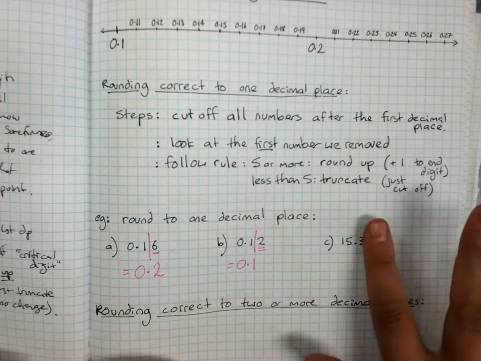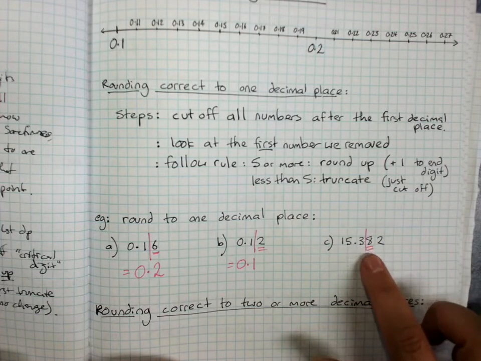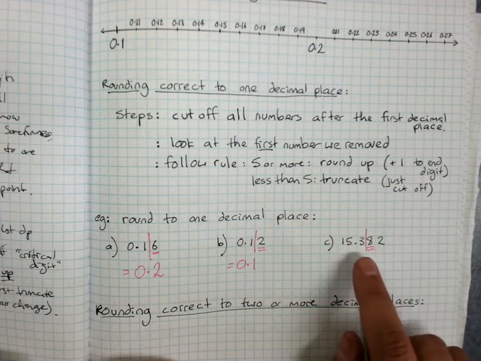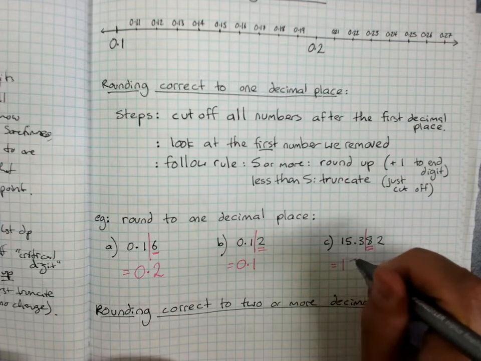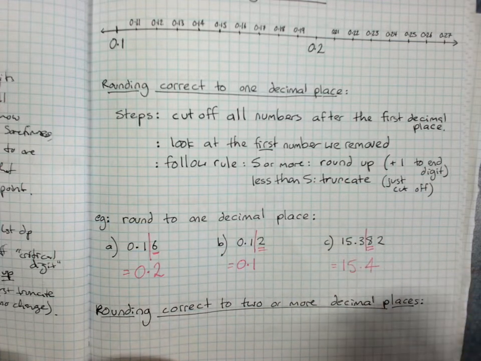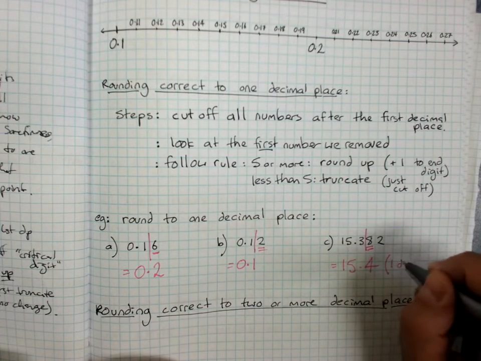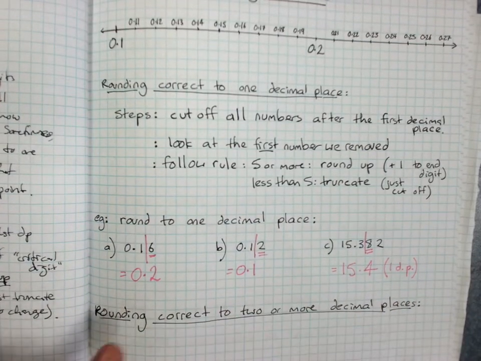So we cut off after the first number after the decimal point. Look at our first digit we cut off. 5 or more, we round up. +1 to the last digit that is left. This is 15.4. If we're being very pedantic, we'd put in brackets 1dp, meaning to 1 decimal place, and we could do that for all of them.